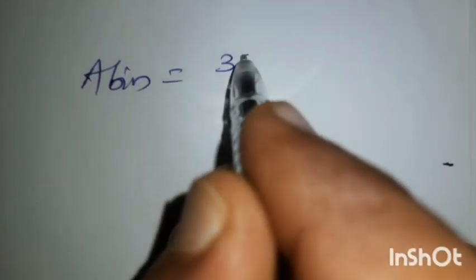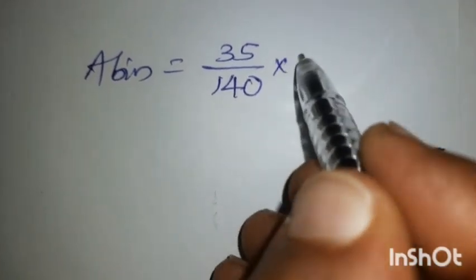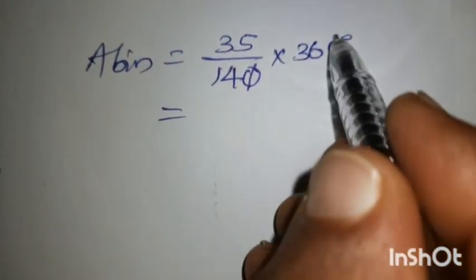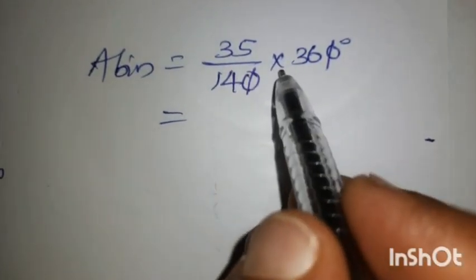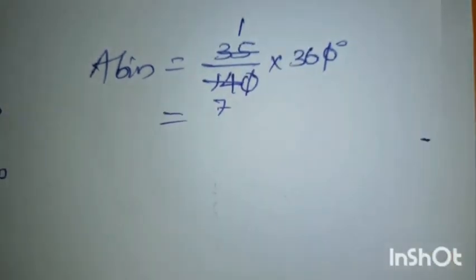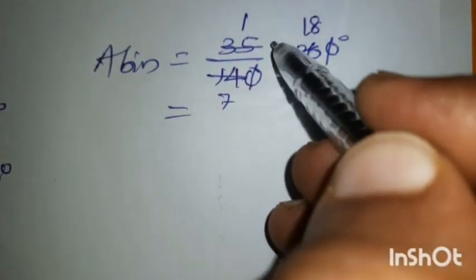Next, Abin. He scored 35 runs out of 140 multiplied by the angle 360. 0 is cancelled. Again you can divide with 2, and instead of that you can divide here 18.